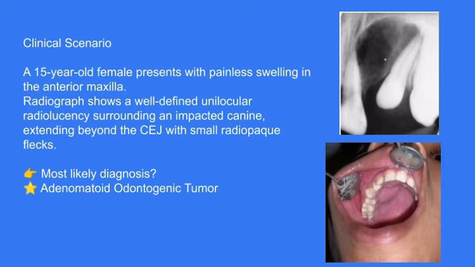The radiograph shows a well-defined unilocular radiolucency around an impacted canine, as you can see here, extending beyond the cemento-enamel junction with small radiopaque flakes. This presentation is classic for adenomatoid odontogenic tumor. So you have to always remember this. This will help you in diagnosing an AOT.